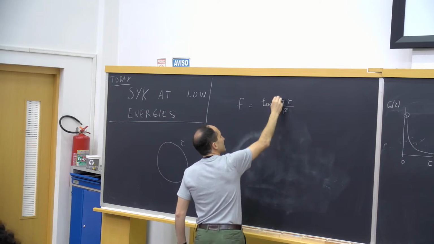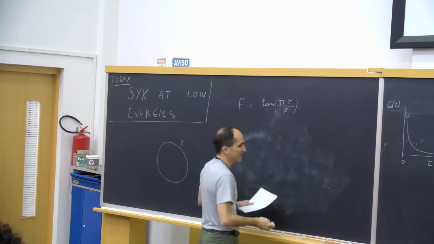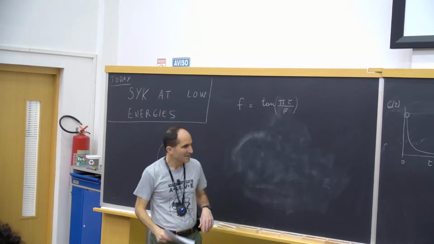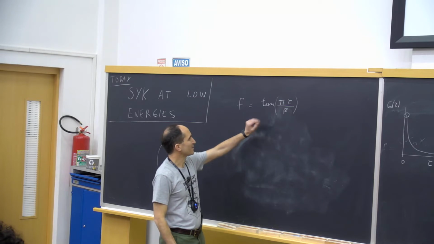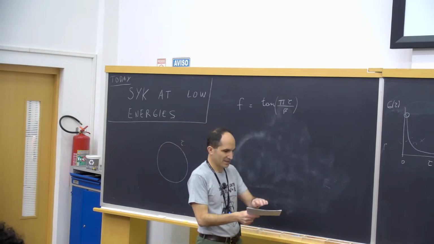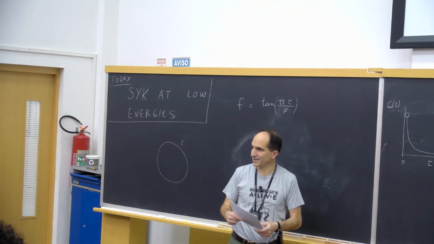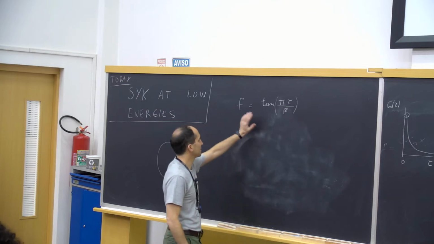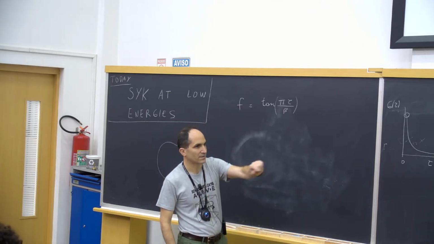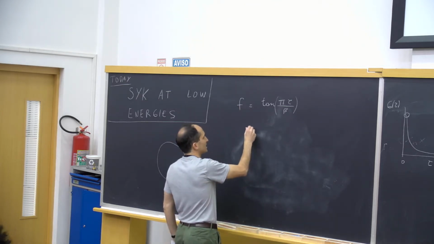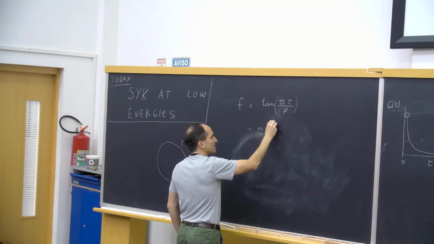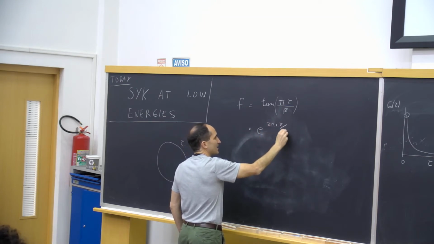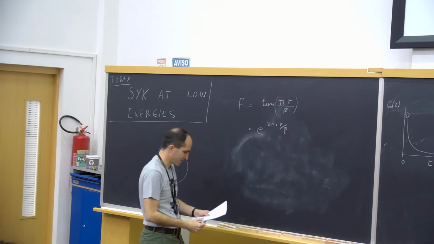Okay. Now, why did I pick this f? This f was picked so that we map the line to a circle, right? And it has the feature that if we put this f into, well, we could also have chosen an f which was e to the 2 pi i tau over beta. So that's another possible f we could have chosen.